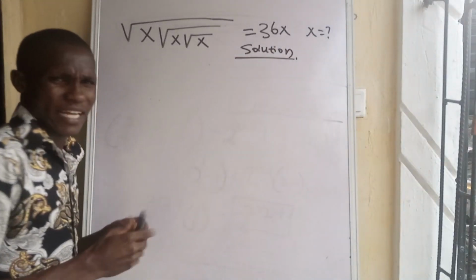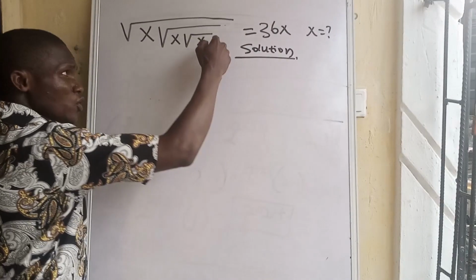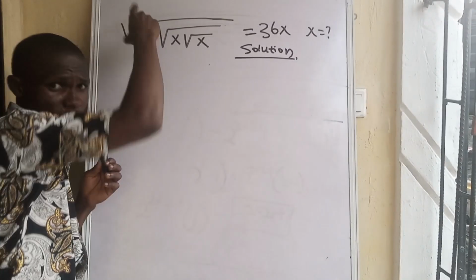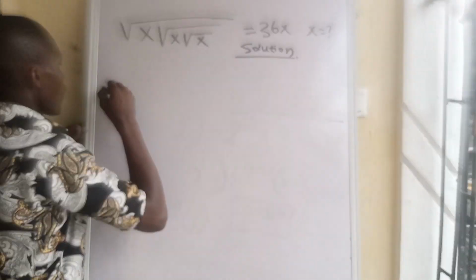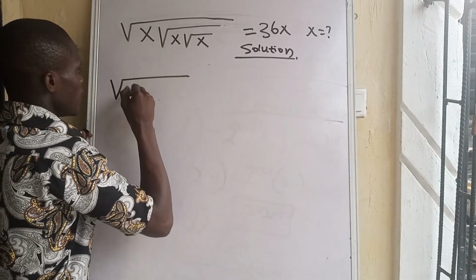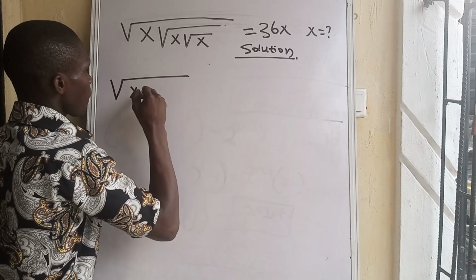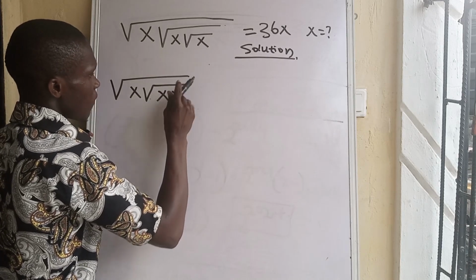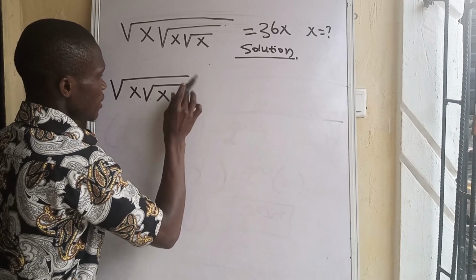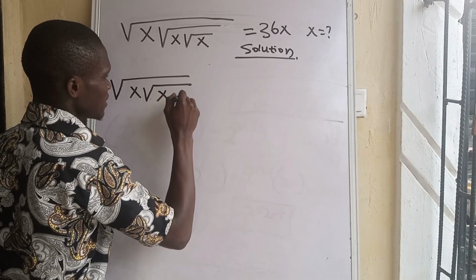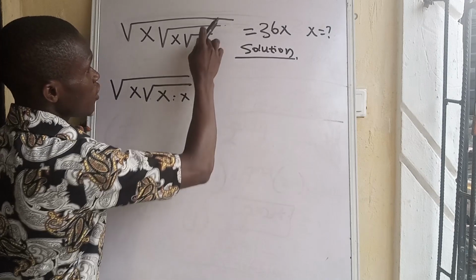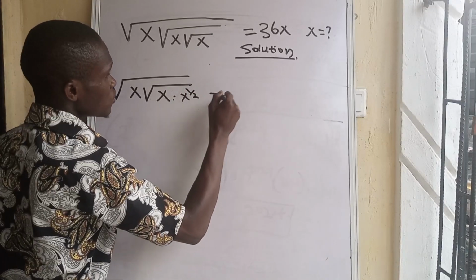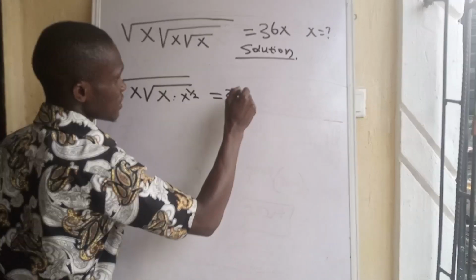Like I said earlier, we are going to start solving the problem from inside to outside. In other words, I'm going to have the root of x times, let me make it a dot, times x to the power of 1 all over 2, equal to 36.